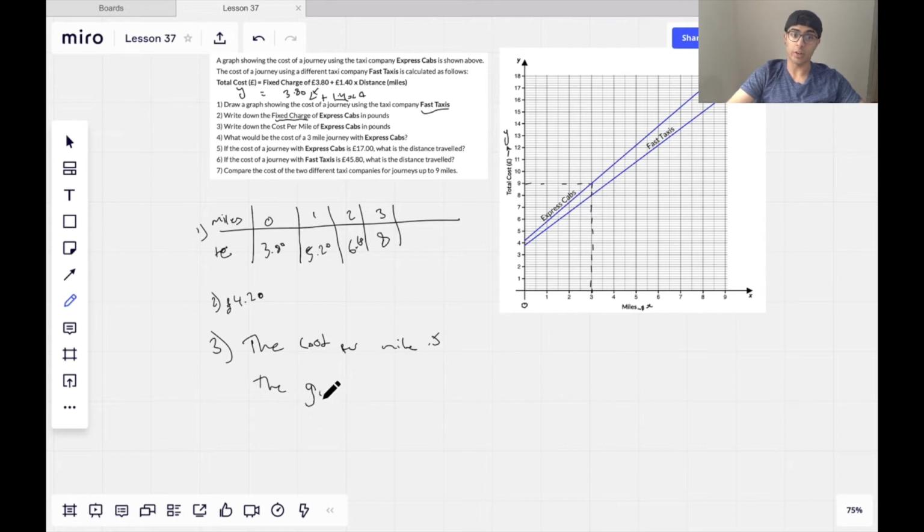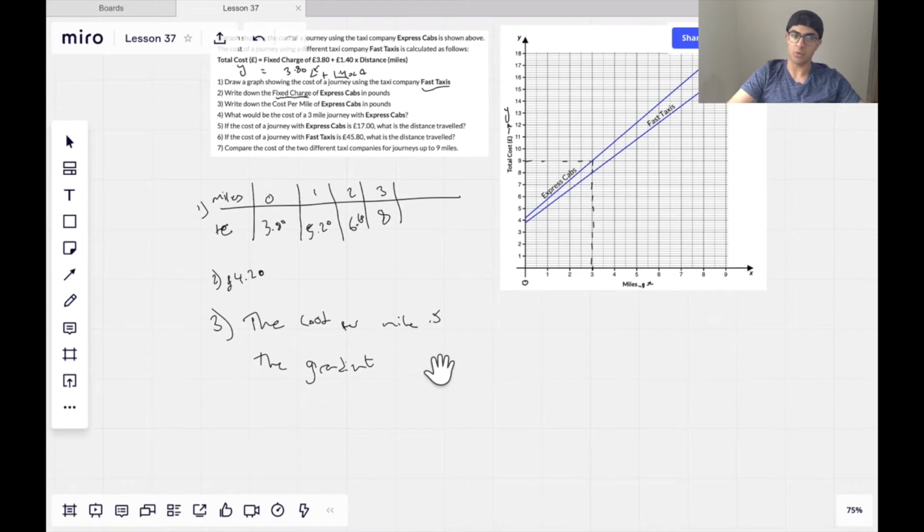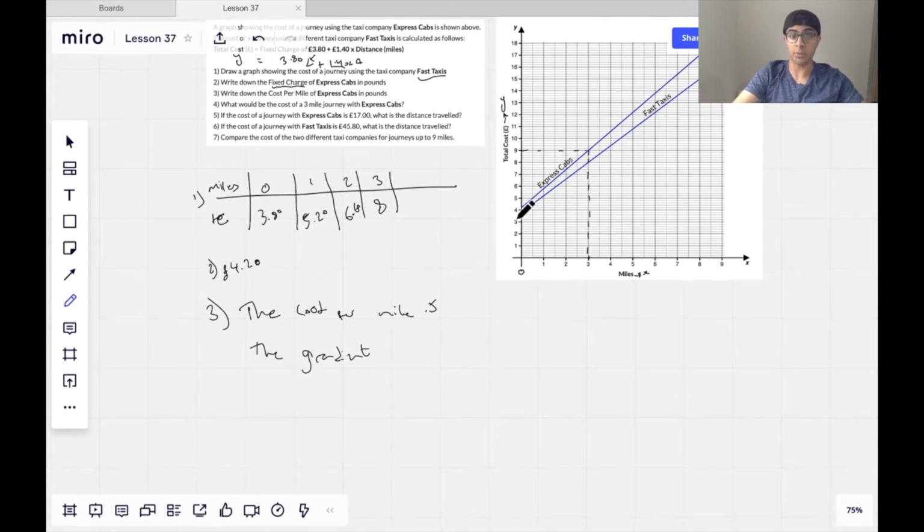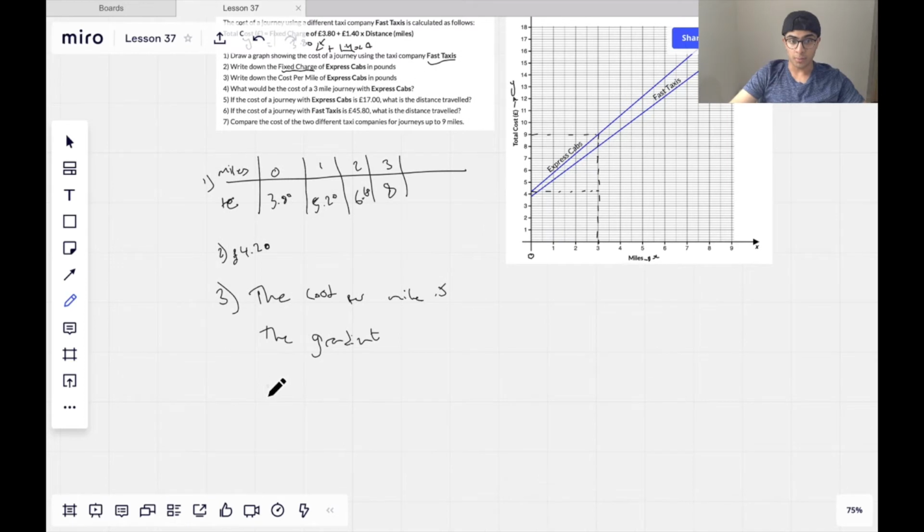So this working is useful, just to show the examiner what you're doing, to talk through it a bit in case you mess up this part. So the gradient is change in y over change in x. I can draw the rise and run triangle if I want, but gradient is equal to change in y over change in x. It's useful to write the 2 points that we have.